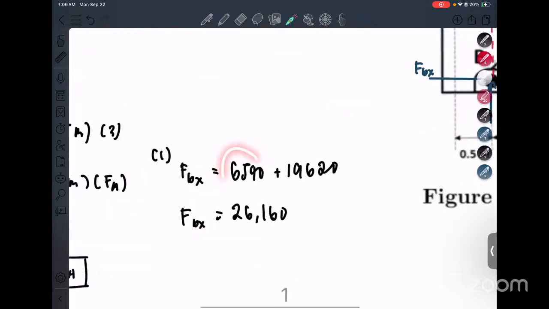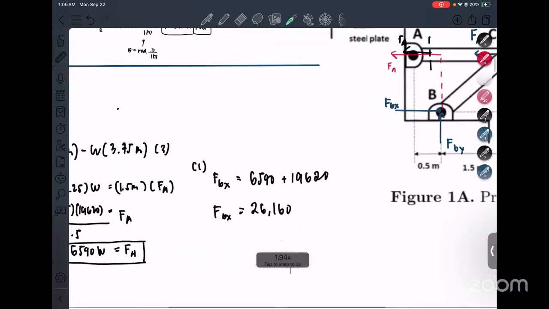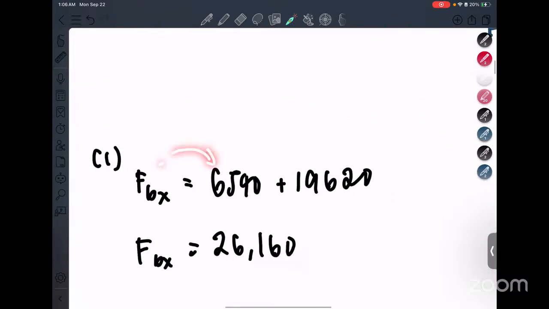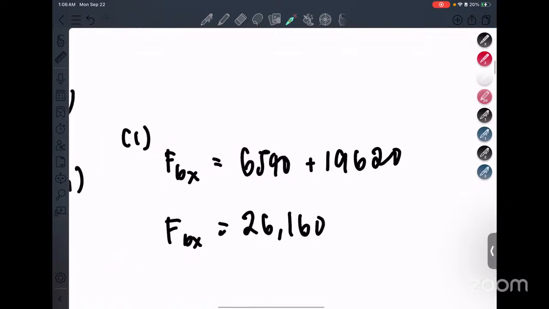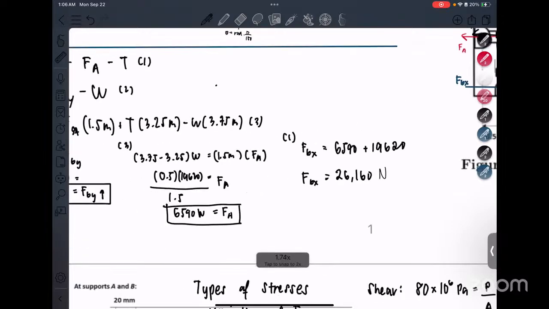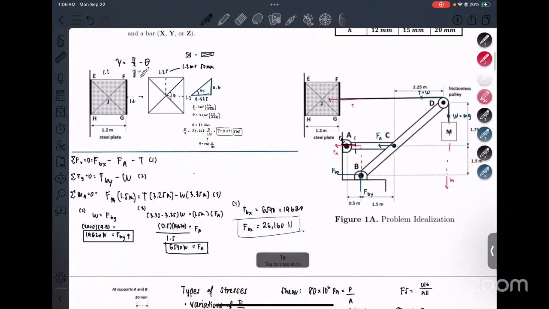We have positive 6,540, positive 9,620. Well, I transpose them to the left-hand side and then I swap their places. So like, basta positive yan. You do the algebra. And therefore, this is just 26,160 newtons. So now, that's essentially the second part.